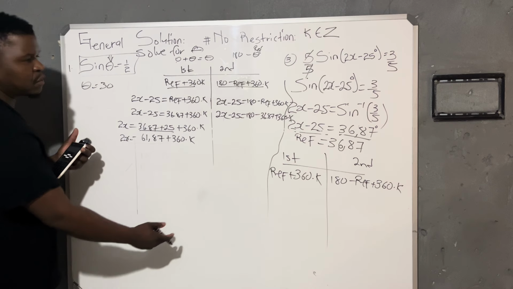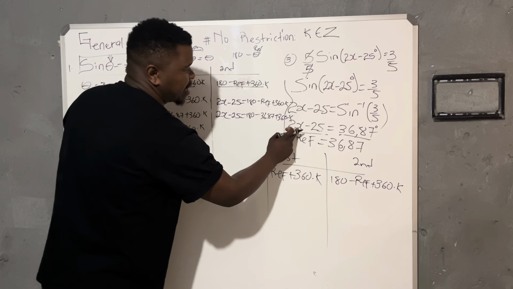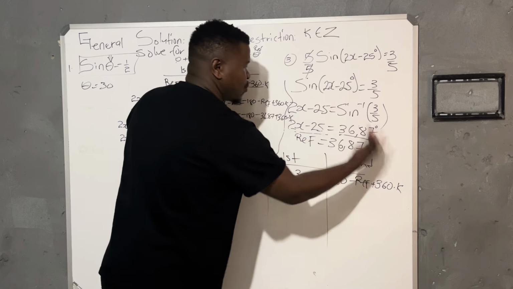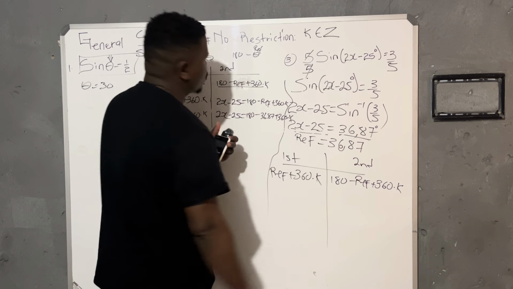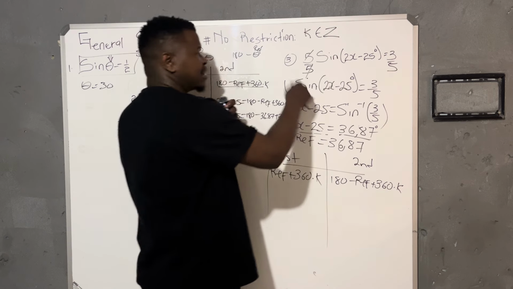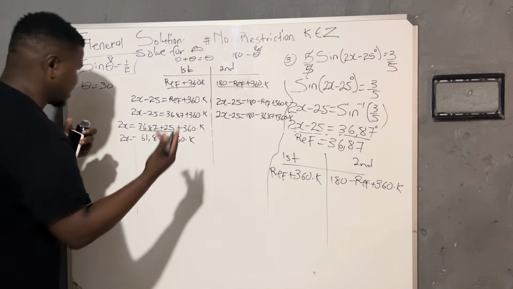But make sure you understand how to get the reference, not to say after transposing 25 and combining everything, dividing by 2, you assume that is the reference. No. We said the reference is only when you remove or shift your sign, your cos or tan, whatever the ratio.